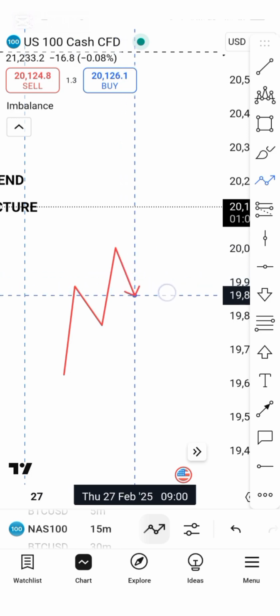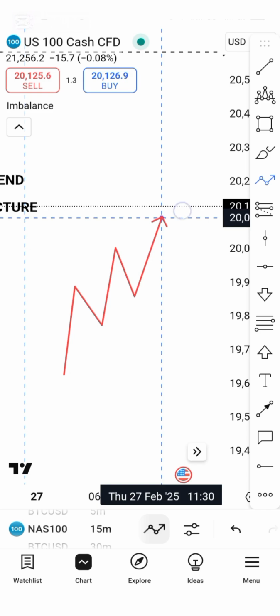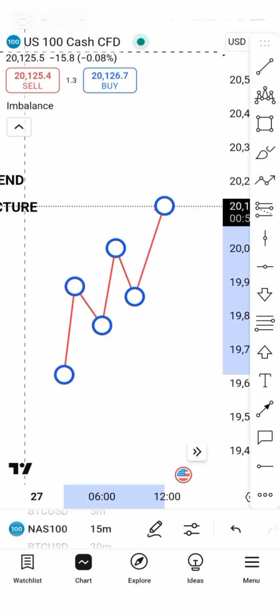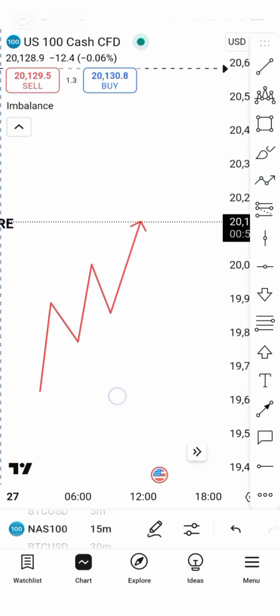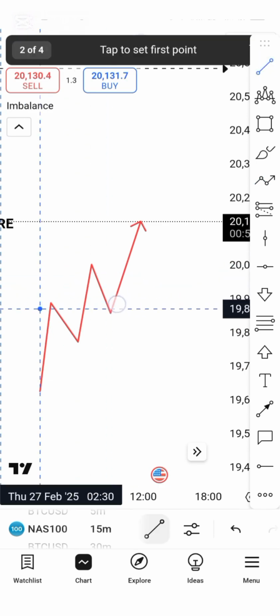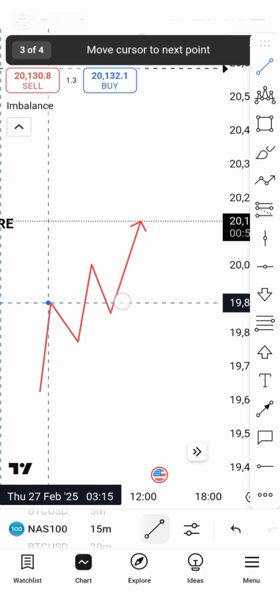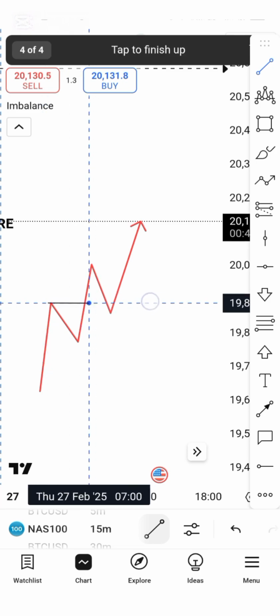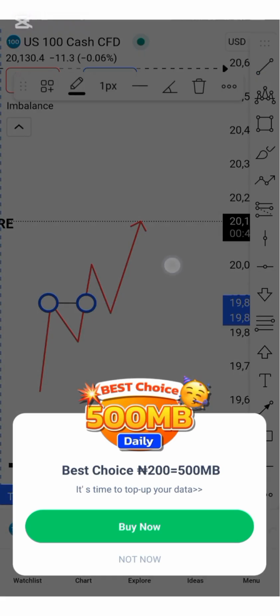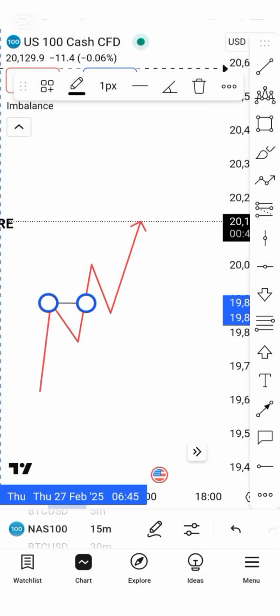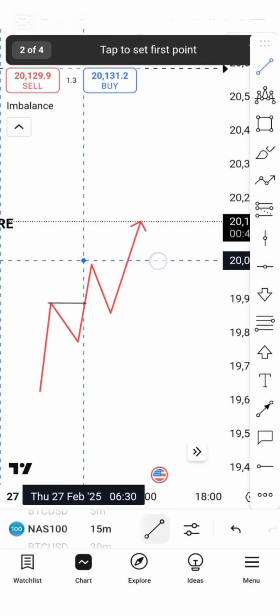In this case, you are confirming an uptrend based on this previous breakout structure you have seen, and the immediate one, and this immediate one. Now you can boldly say this market is in an uptrend.